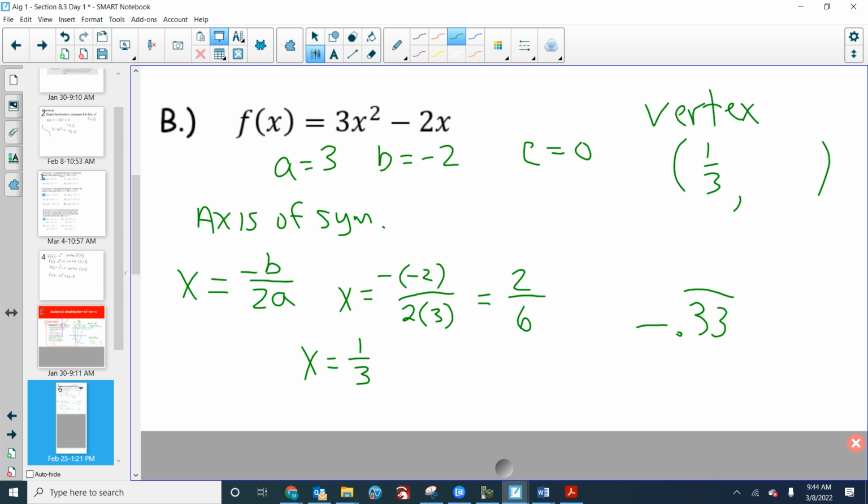Everybody get it? No? So what does this go to? What's this change to? Negative 1/3. That's what you should have got for your vertex. That was a crazy one. But just to let you know, there can be fractions in there.